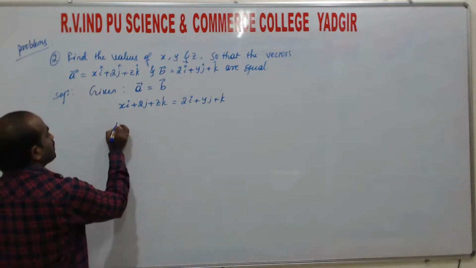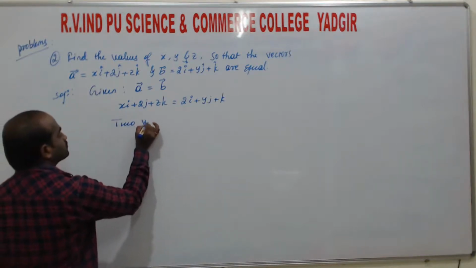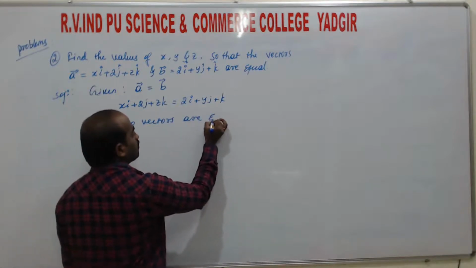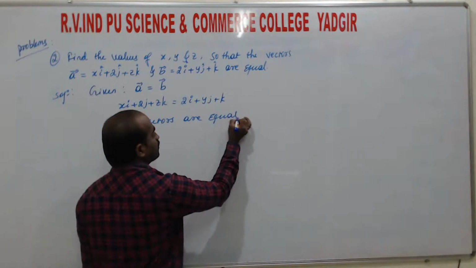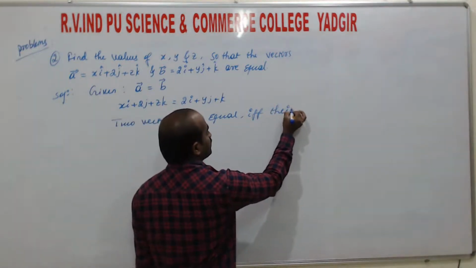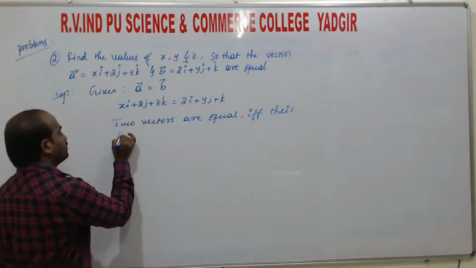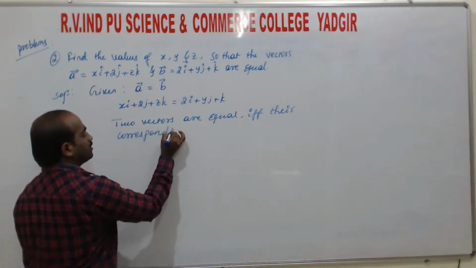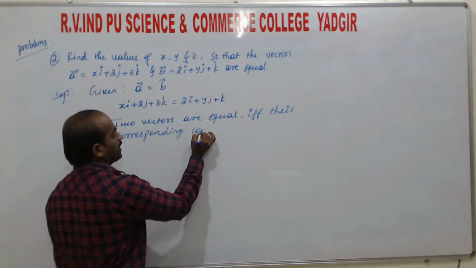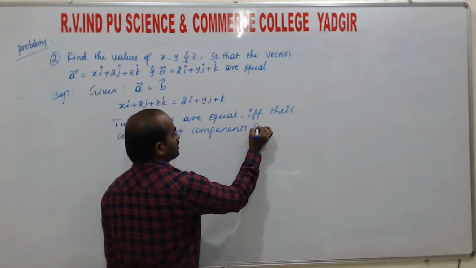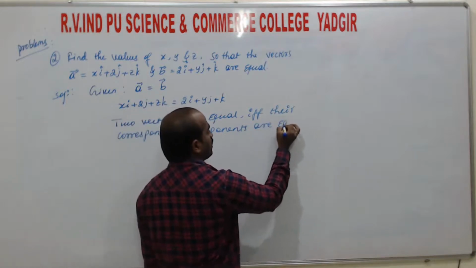Two vectors are equal if and only if their corresponding components are equal.